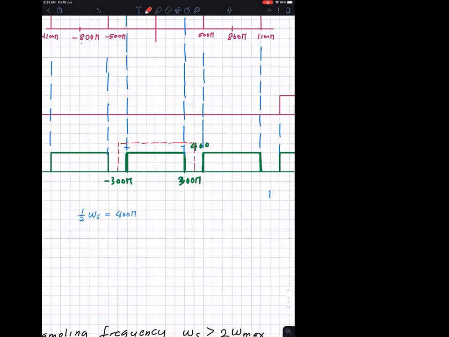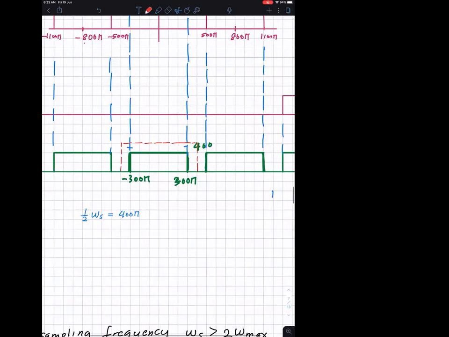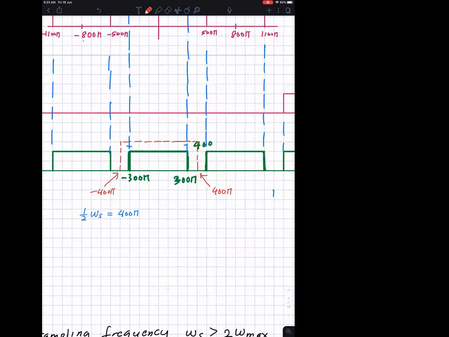The filtering. This is 400 pi, minus 400 pi. Now the filtered output.